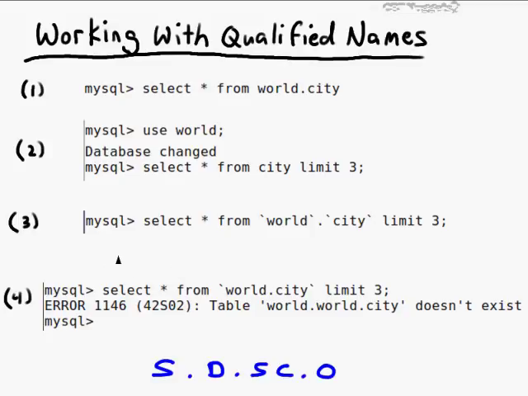In MySQL, things are a lot simpler than that. Here in MySQL, qualified names are much simpler. We have traditionally database dot table. Now you can take it one more level out if you want to, database dot table dot column. Traditionally, you'll notice that servers are not part of qualified names.